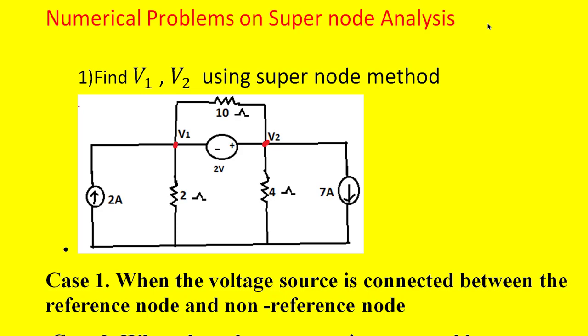Before we solve the numerical problems on the supernode analysis, let us first know what is the definition of a supernode circuit, and then we use those definitions for the given problem.